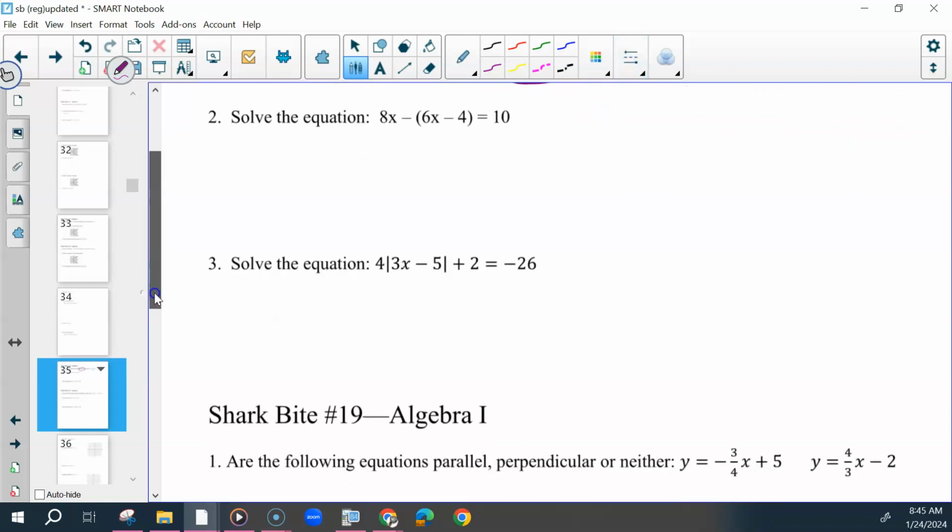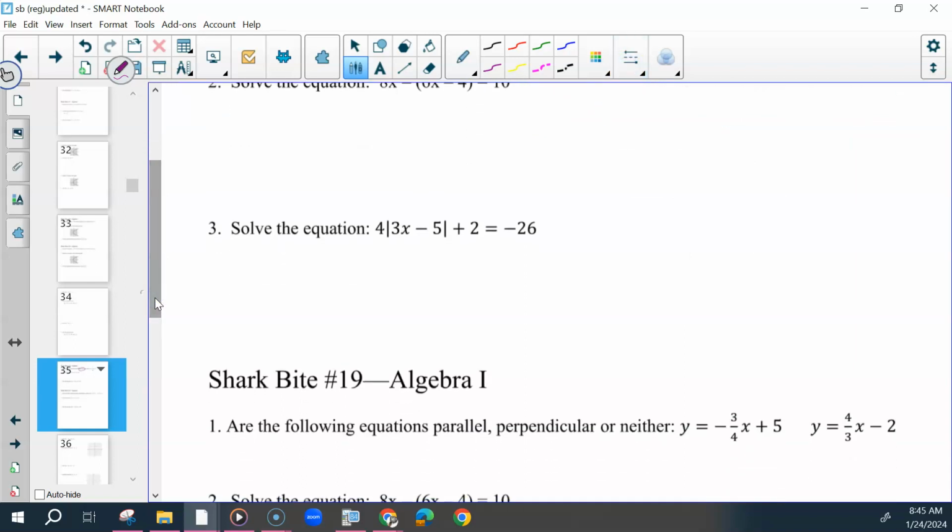if we are solving this equation, we have to isolate the absolute value bars, get rid of everything outside, so subtract 2. And then divide both sides by 4.